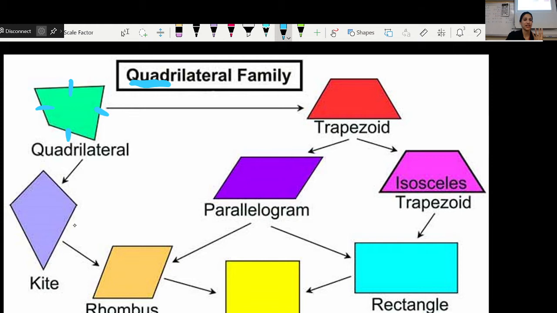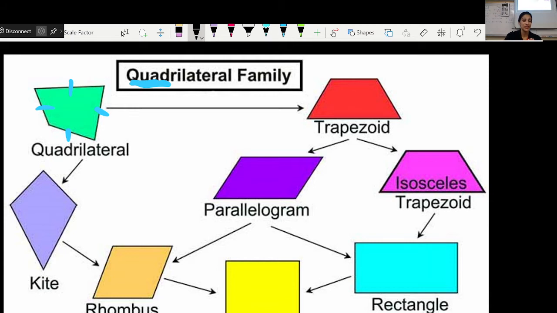Then it points down here to a kite. We don't really need that, but it's there, so it's fine. Now when we get down here to a rhombus, what are the properties of a rhombus? It's a sideways diamond, yes. What do we know about the sides?